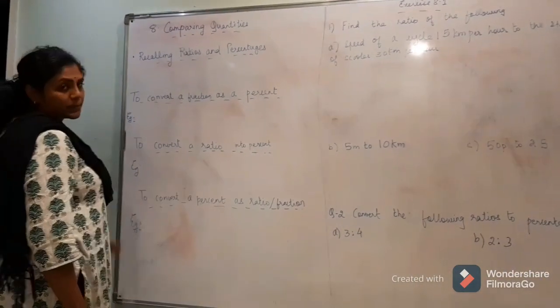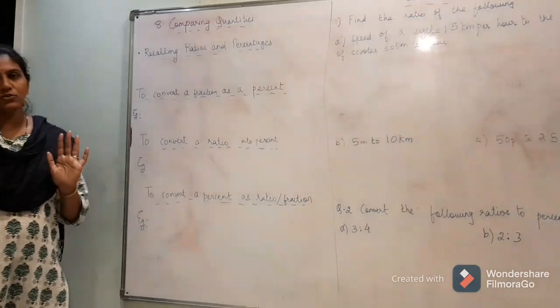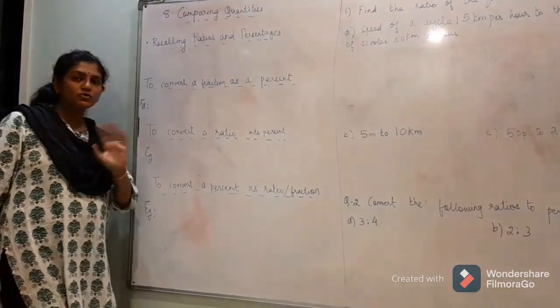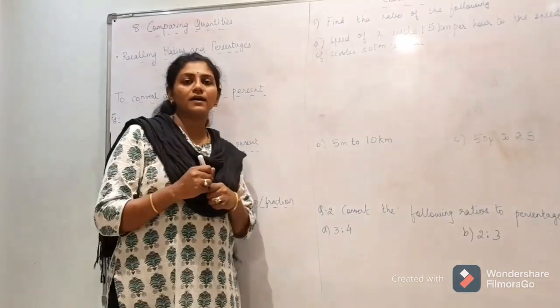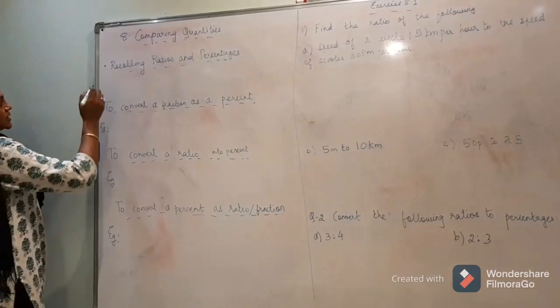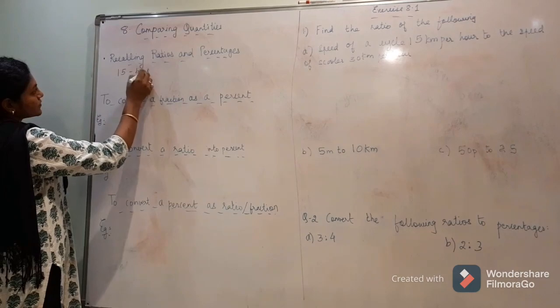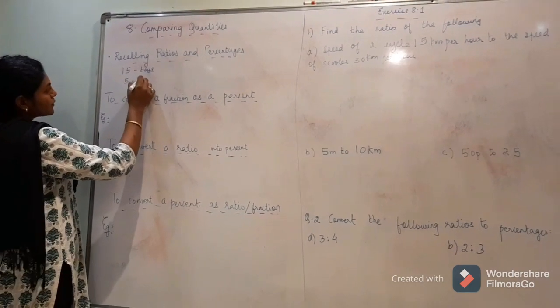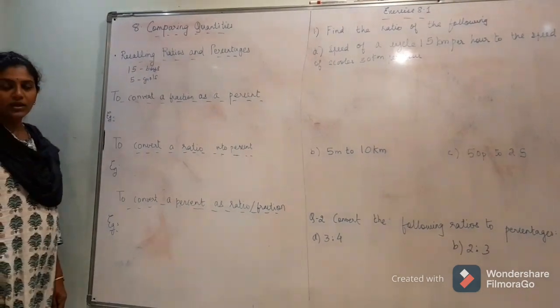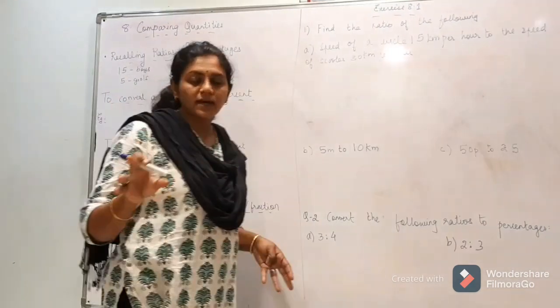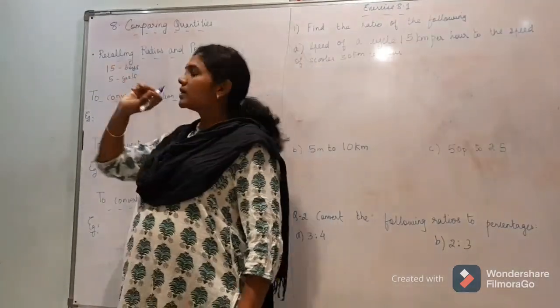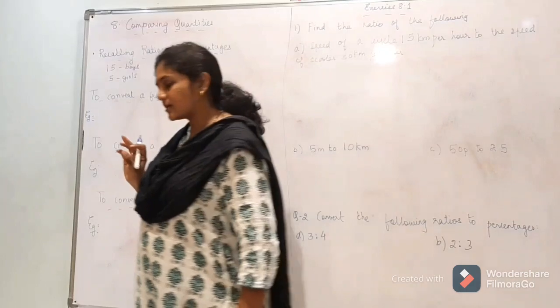Now ratios and percentage. Why do you need ratios? Whenever you compare two things, suppose there is a class of 20 students. 15 are boys and 5 are girls. I want to compare, out of the whole strength of the class, 15 are boys and 5 are girls.